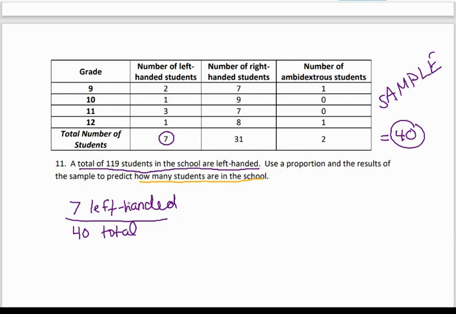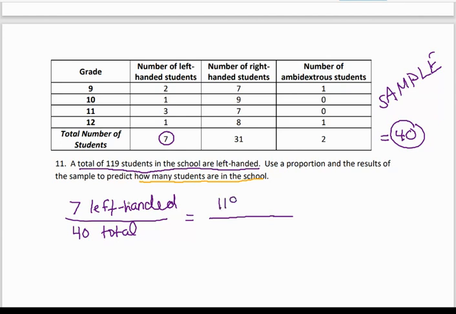Now we're going to make a proportion, so an equal sign and another ratio. What has to happen is that the labels need to match. So since I have left-handed on top, I need to have left-handed on top again. Recall, my first ratio was about the chart, the sample. The second ratio now is about the total school. So how many total kids in the school are left-handed? 119.